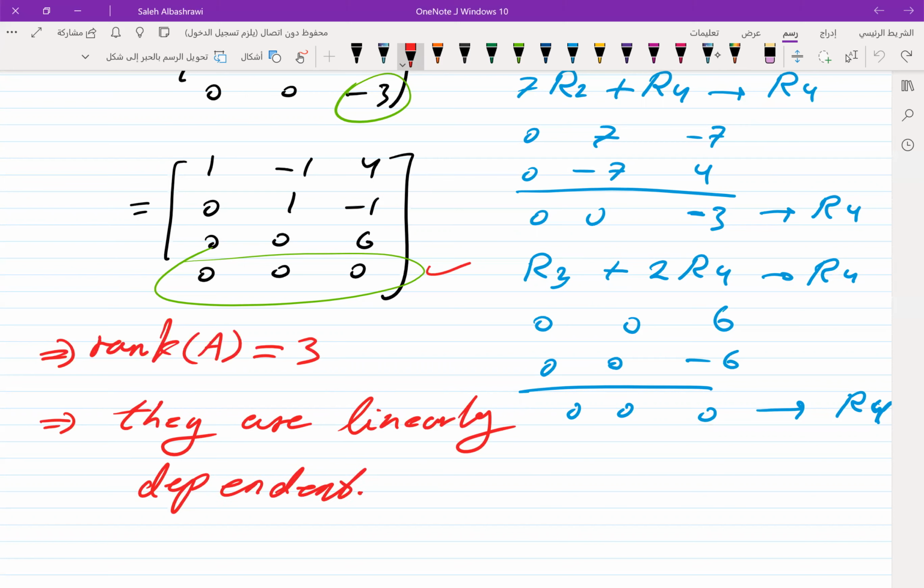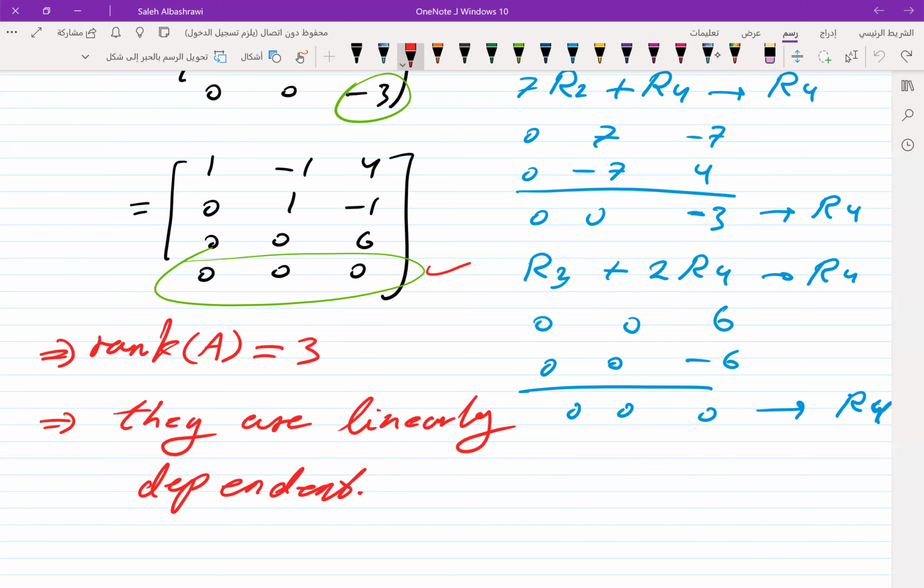The vectors are linearly dependent because we have a 0 vector there in the row echelon form. And the rank of this matrix, which is 3, is less than the number of vectors. Because of that, we can say that the vectors are linearly dependent.